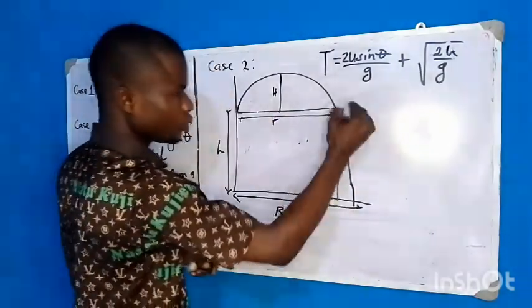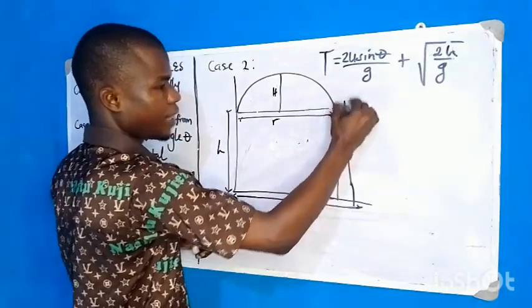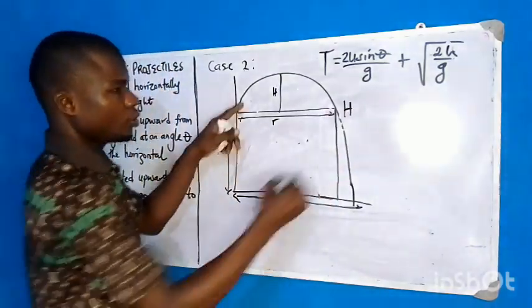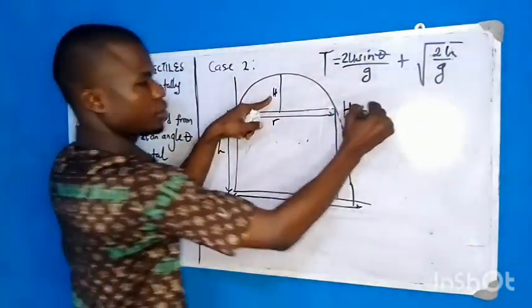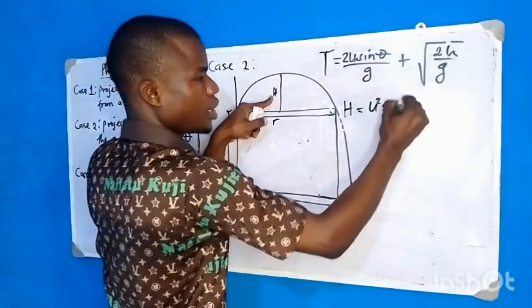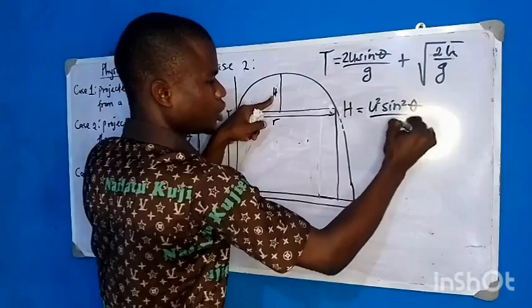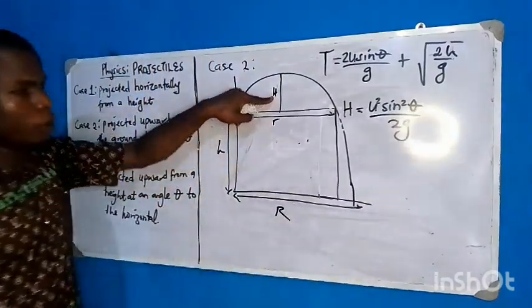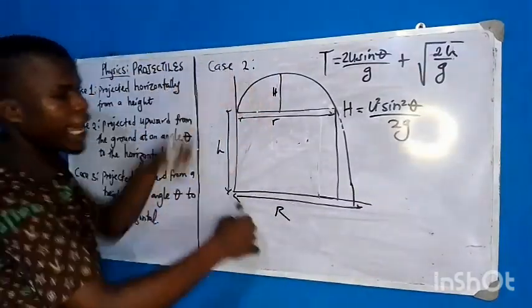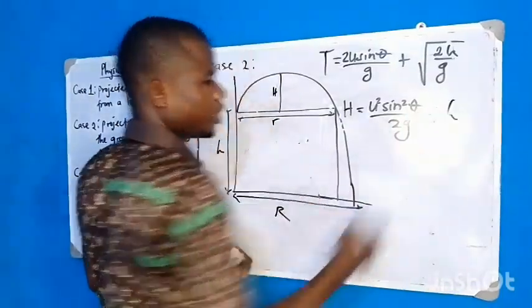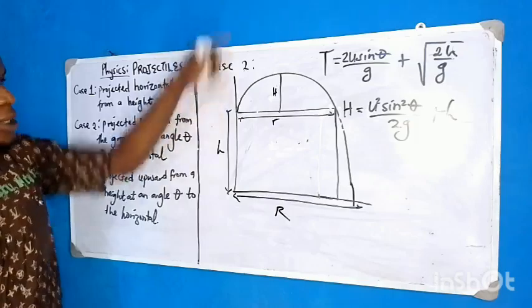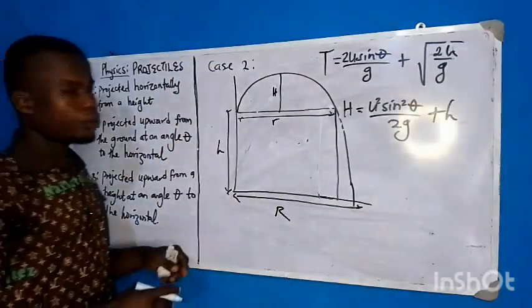Now, for our maximum height, h is u squared sine squared theta all over 2g. Then, since we know the height of the cliff, we just add the height of the cliff and we get the total height of the projection.